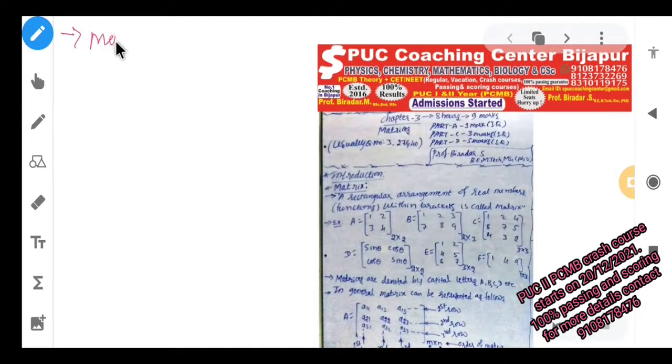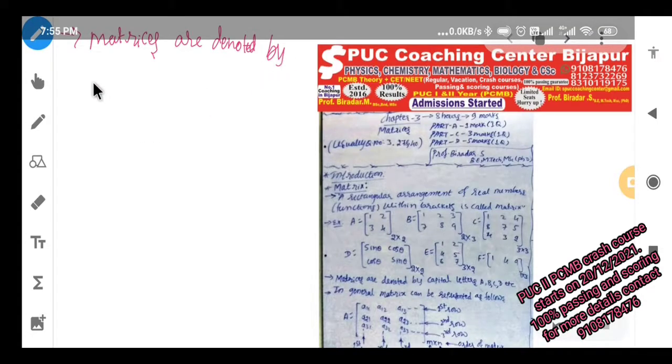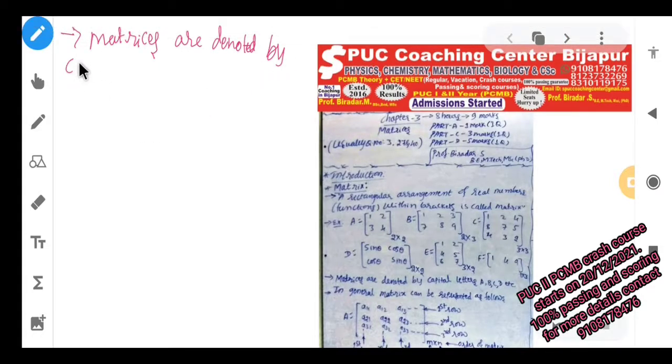Matrices are denoted, as I told, always by capital letters, that is A, B, C, D and so on.